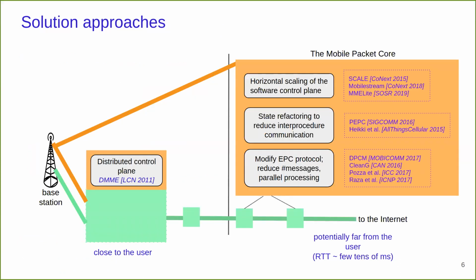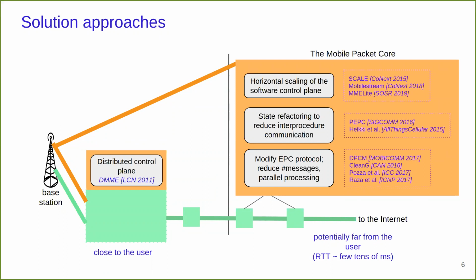Next, we see how the research community addresses the scalability challenge. Proposals like Scale use a horizontal scaling approach and a tightly coupled design to scale the control plane. Proposals like Pepsi refactor the EPC state to reduce inter-procedure communications and hence improve throughput.